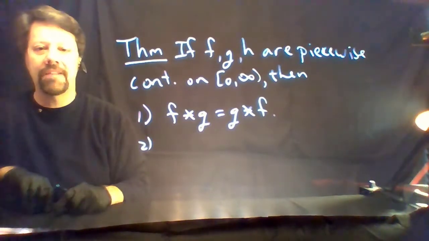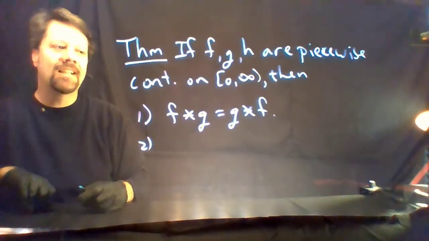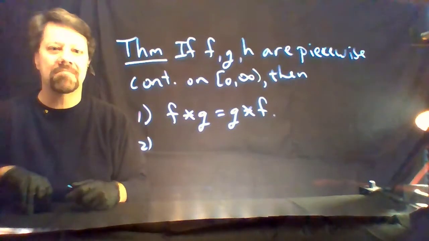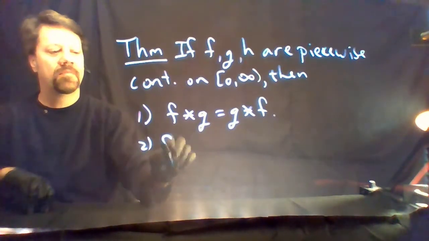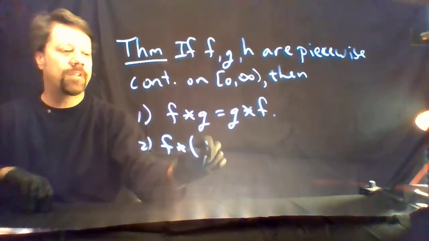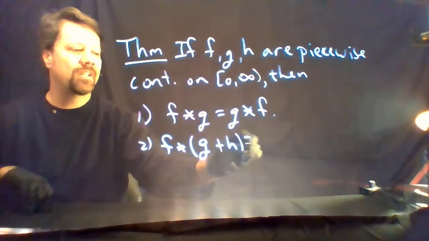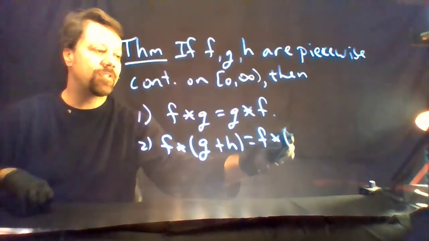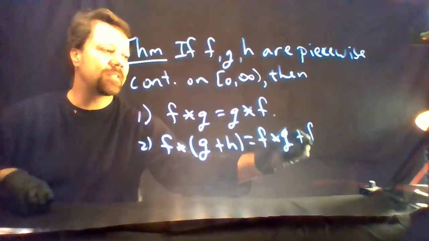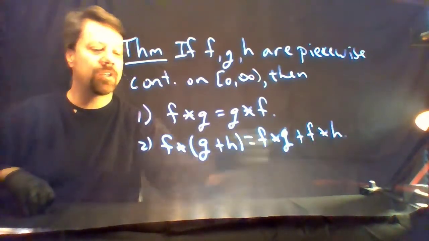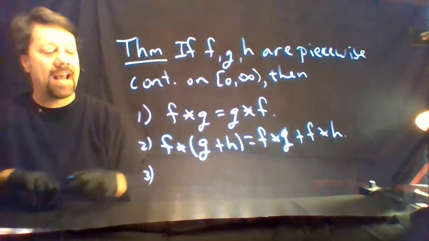So there's a kind of a symmetry or a commutativity in this convolution operation. Second, f convolved with g plus h equals f convolved with g plus f convolved with h. So the convolution operation has a distributive law.